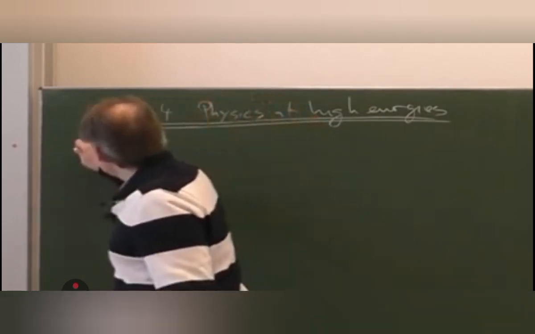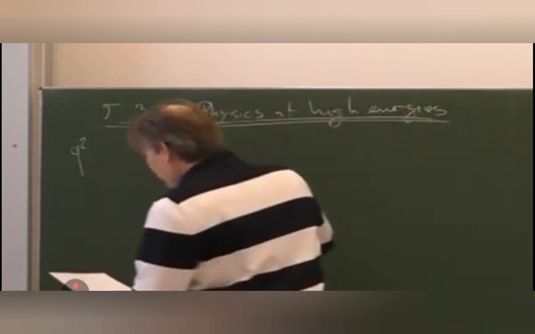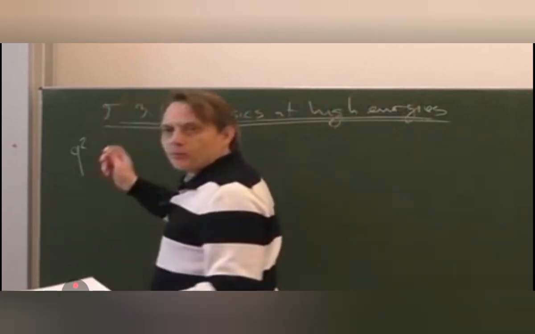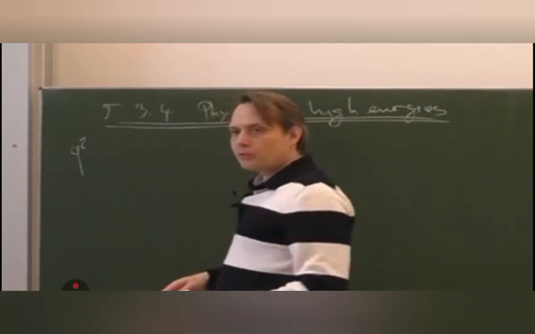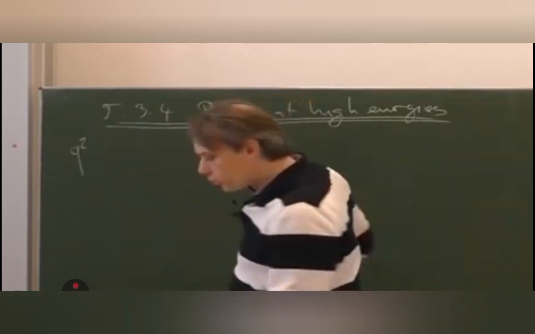So again, restricting ourselves to this kind of observables in QED, where we look at e plus e minus scattering, for example, and we only look at corrections from loop graphs involving the photon vacuum polarization.